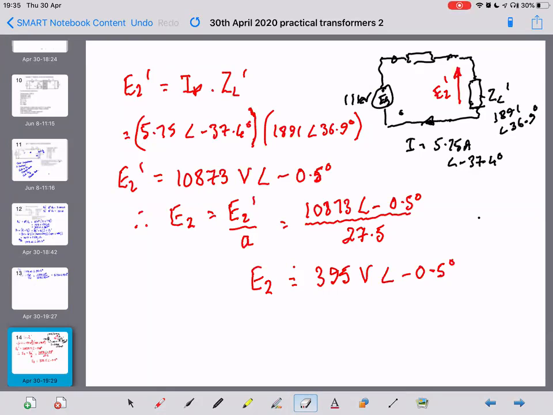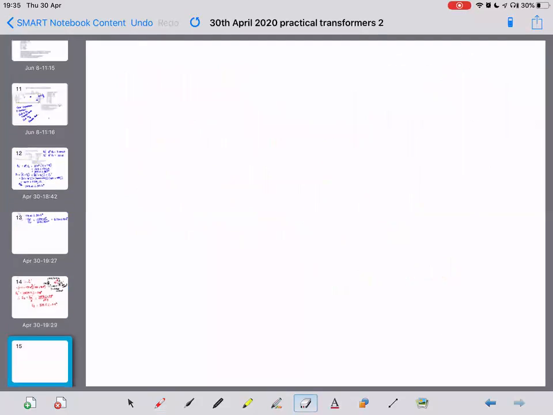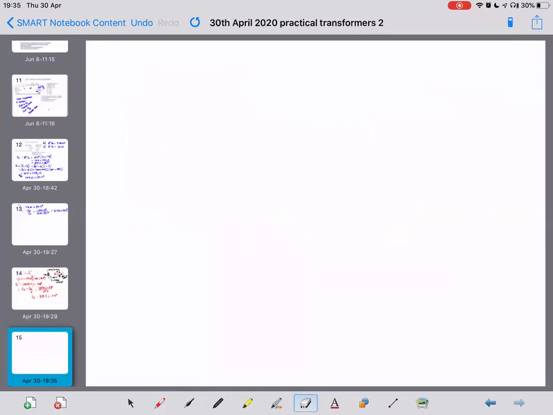And then the last part says find the secondary current. So another new page. We know what I2 dash is, that's the 5.75.